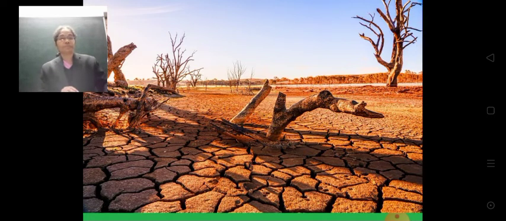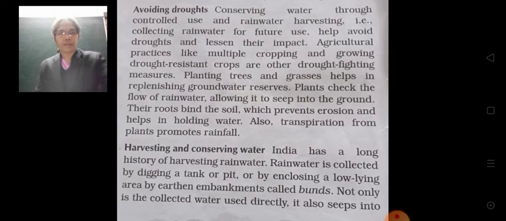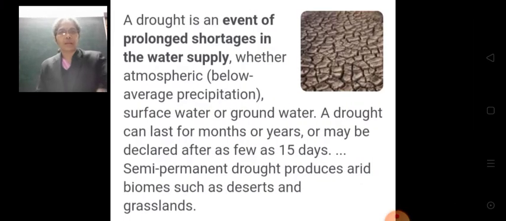And again, the effects of weather conditions and human activities leading to droughts are felt only after some time.